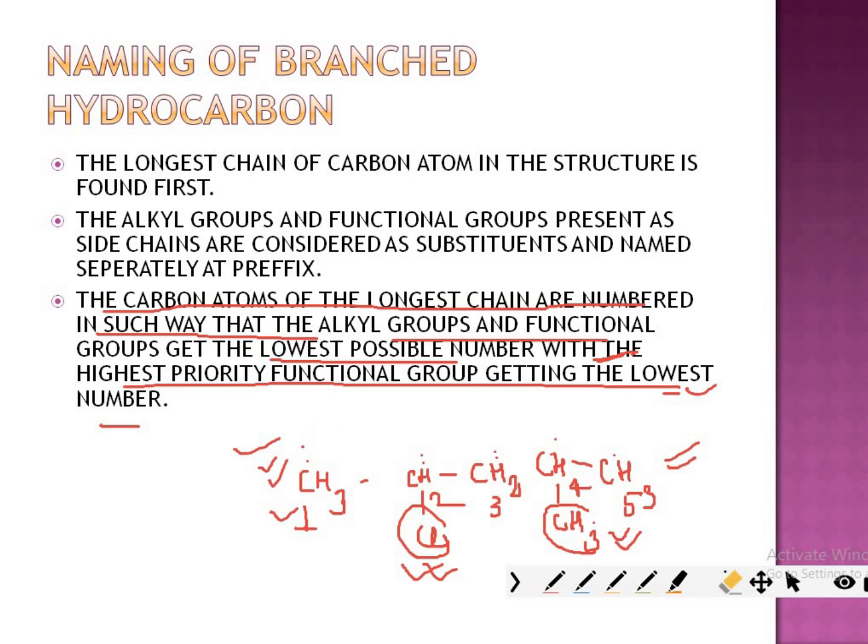Now if I do the naming of this compound, what will be the name? So first we will write 2-chloro. Now the substituent groups are written in alphabetical order.